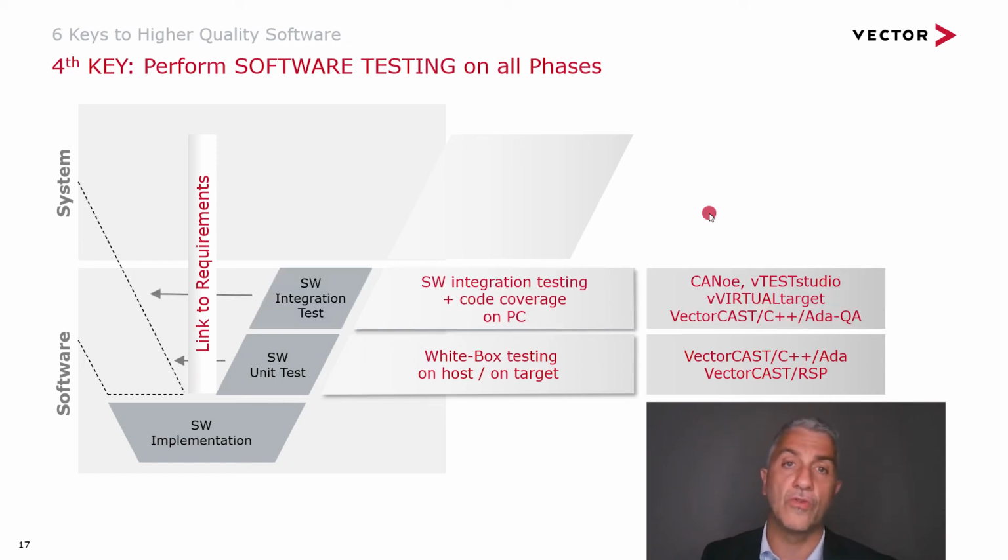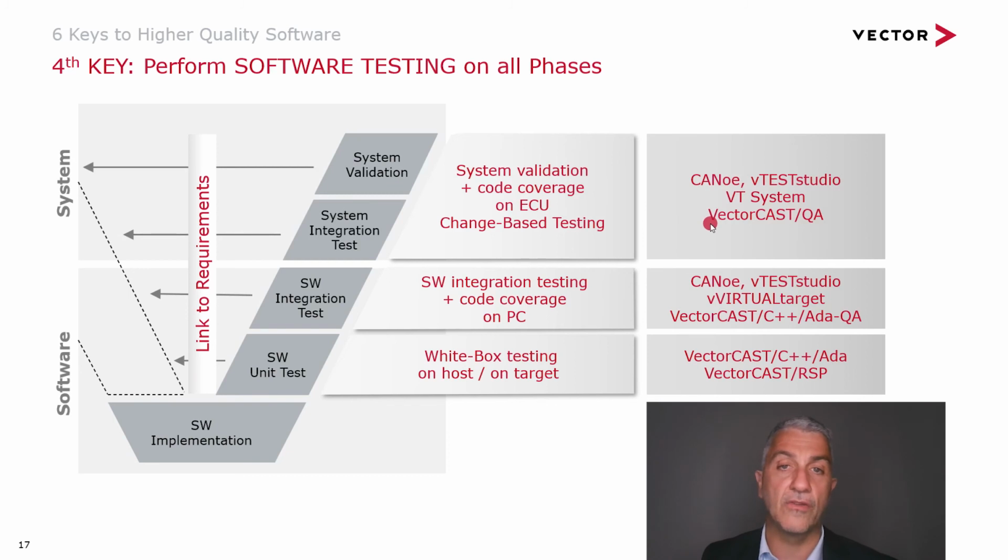Then you can do software integration testing activities and coverage on your host, on your PC, with CANoe, vTESTstudio, and Virtual Target if you want to emulate some hardware, and again VectorCast C++ and Ada, and you can start to collect coverage with VectorCast/QA.